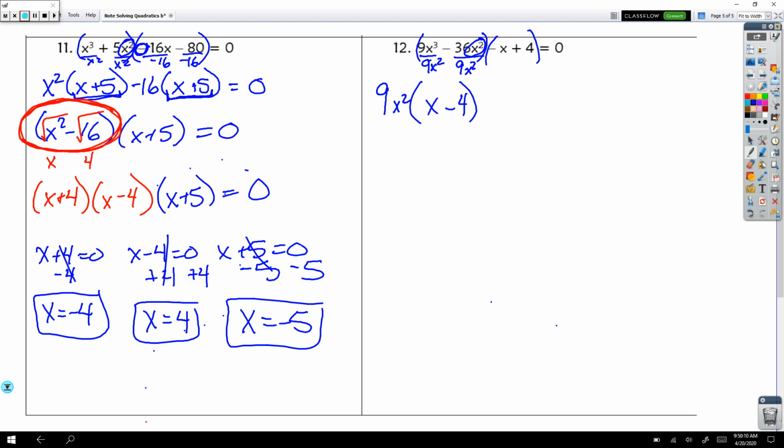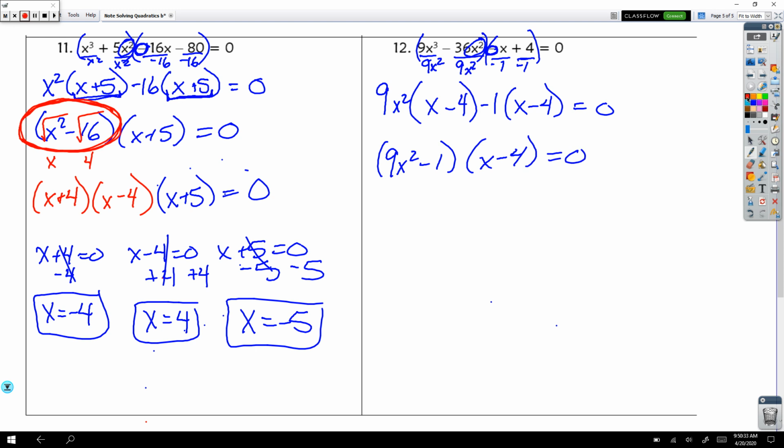Over here, can't really take anything out, but I need to get rid of this negative, so I'm going to take out a negative 1. That would leave me with positive x and then minus 4. So the outsides, 9x squared minus 1, x minus 4.